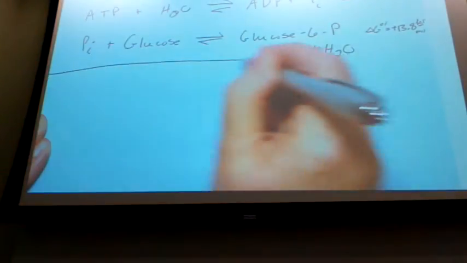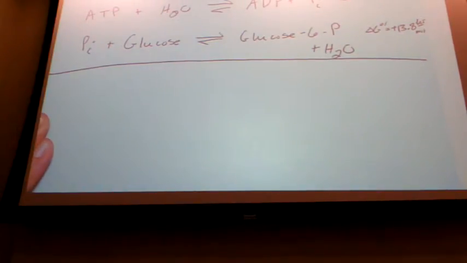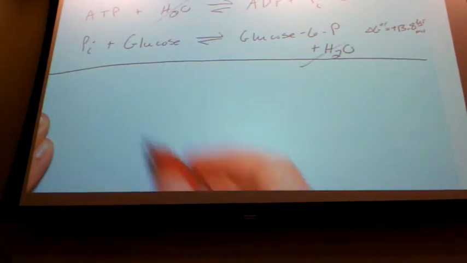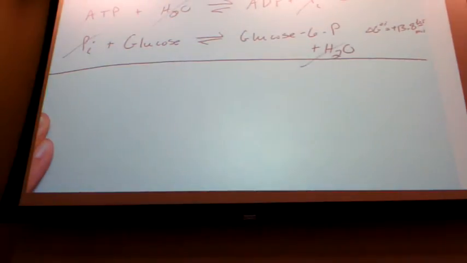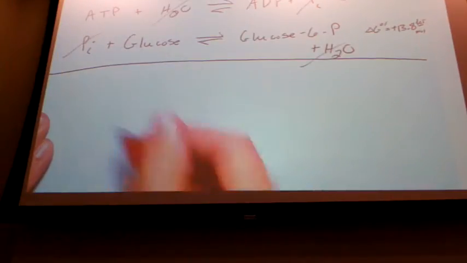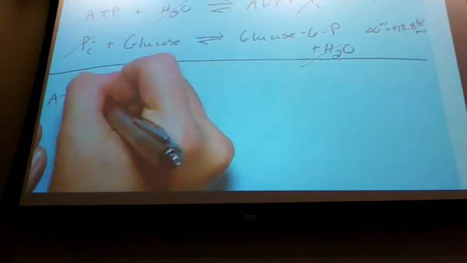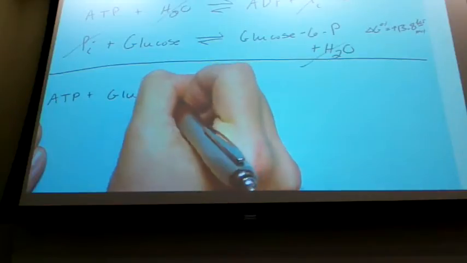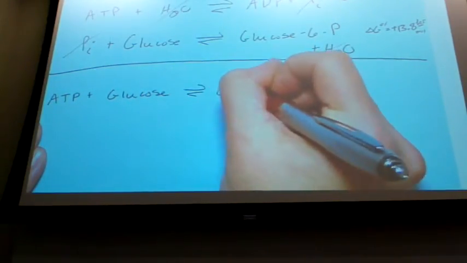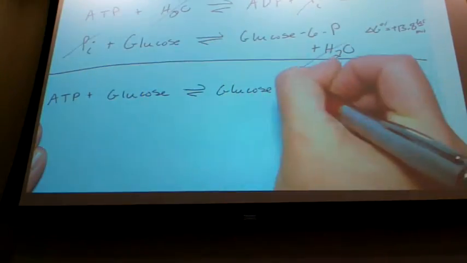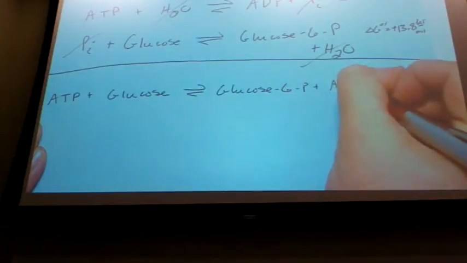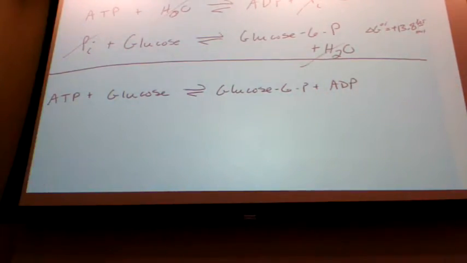Okay, if I add those two processes together, and then cancel what shows up on both sides, so water shows up on both sides, and inorganic phosphate shows up on both sides, then I get ATP plus glucose going to glucose 6P plus ADP. And then I just add the energies.